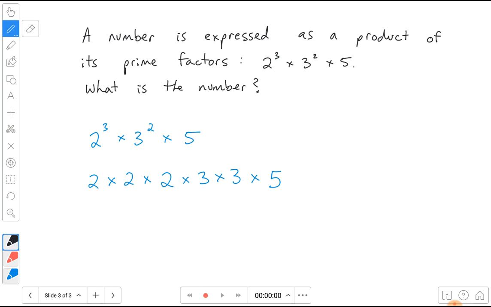So 2 times 2 is 4, 4 times 2 is 8, 8 times 3 is 24, 24 times 3 is 72, and 72 times 5 will give us 360.